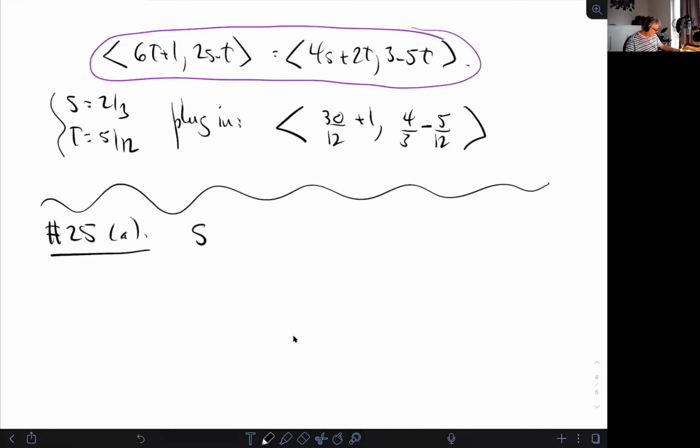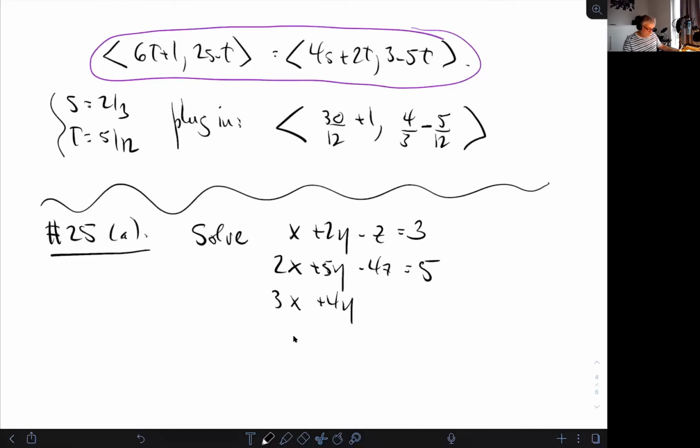Okay, so we're asked to solve the following system: x plus 2y minus z equals 3, 2x plus 5y minus 4z equals 5, and 3x plus 4y plus 2z equals 12.